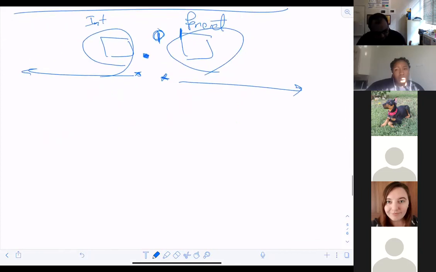So let's try a number. Let me pick an example or problem from the book. Should I do it with binary, or should I do it with some other system?